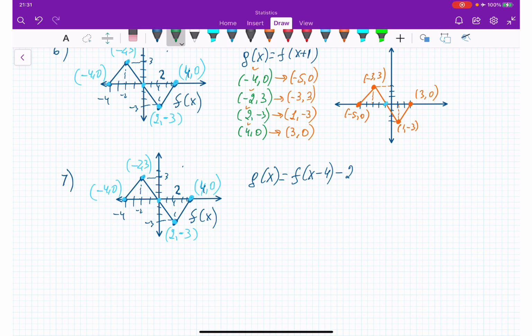So we have negative 4 and 0. We have negative 2 and 3. We have 2 and negative 3. We have 4 and 0. Let's go. First I'm going to change x's, and then I will change y.